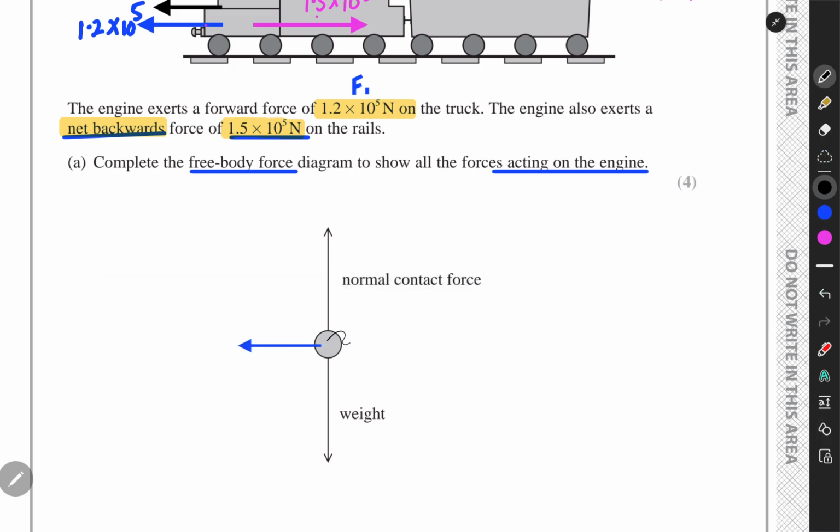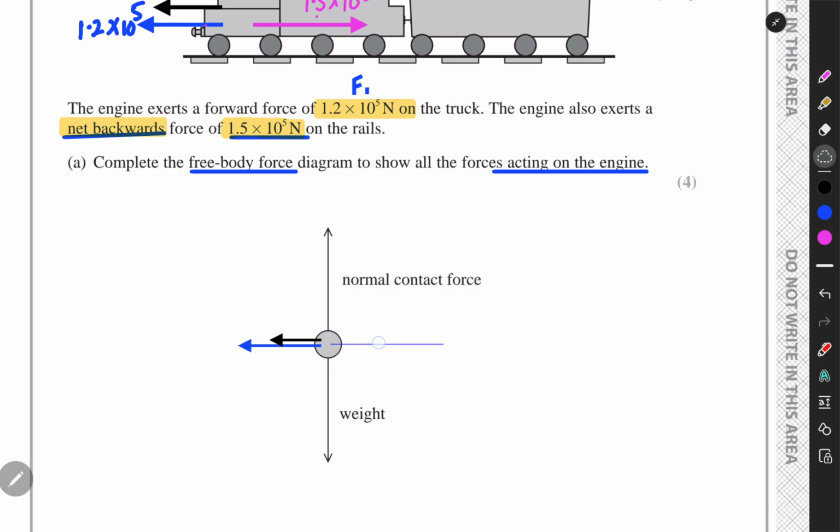The second force in the forward direction is 0.3 × 10^5 Newton, which I considered as the difference of these two, and as the sum of these two forces there is a backward force equal to 1.5 × 10^5 Newton.